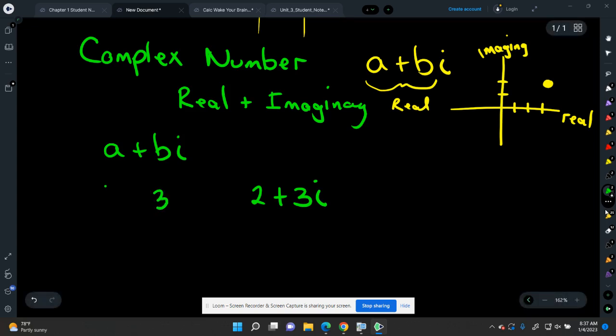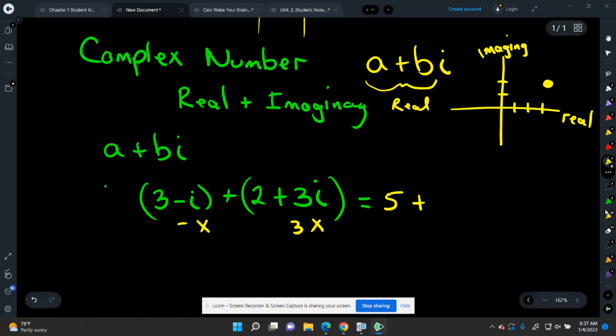So if we have 3 minus i plus 2 plus 3i, we just add our like terms. 3 plus 2 is 5. If this was a negative x and this was a positive 3x, we would have 2x. Well, it's the same thing, except that it's an i, 2i. Okay, so adding and subtracting complex numbers is the same.